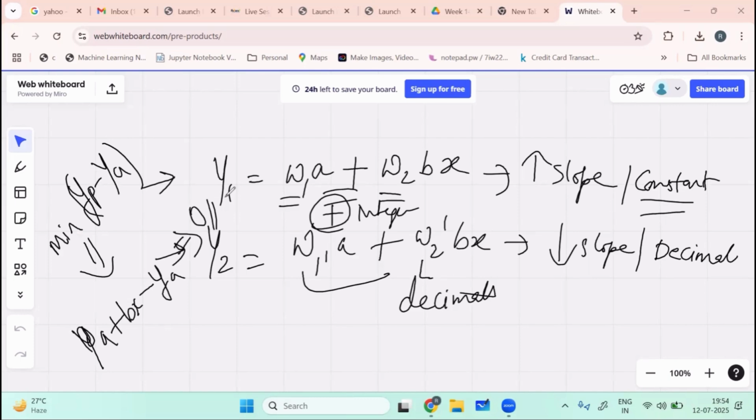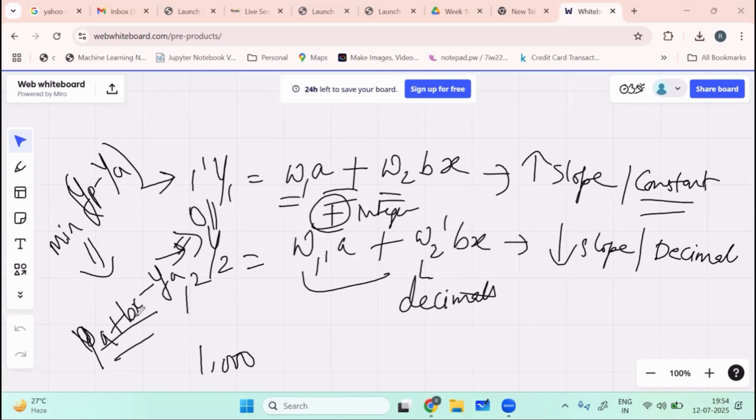It's an automated command which I give. This is iteration number 1, this could be iteration number 2, this could be iteration number 1000. I don't know. It's all in the hands of my model, which stops only when this part is going to be lesser than 0.